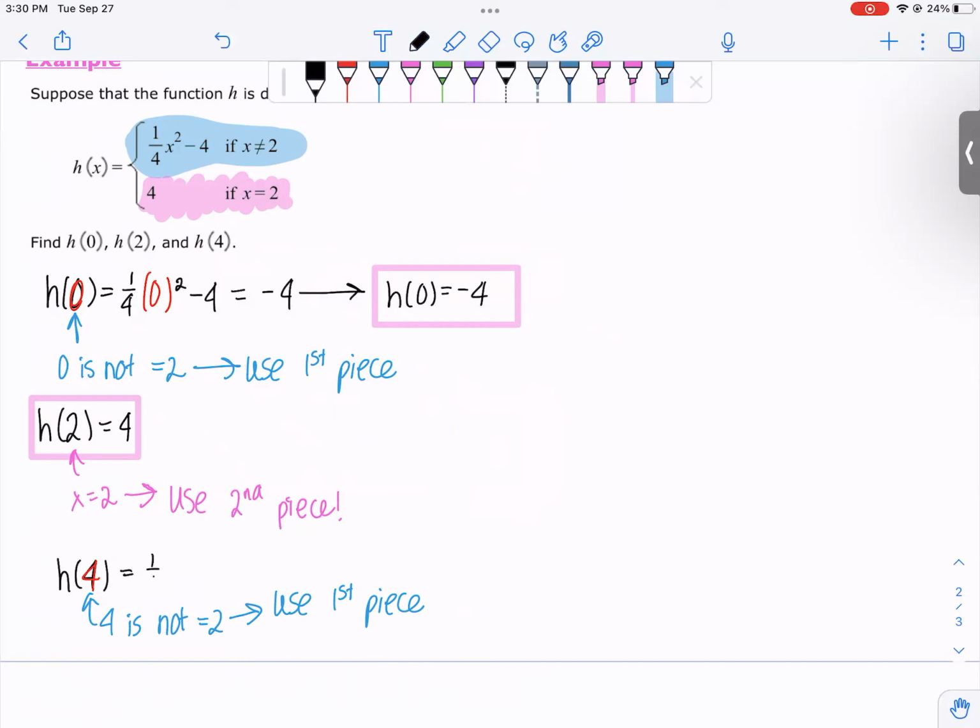So we have 1/4 times 4 squared minus 4. That's going to turn into 0 if you do the math on it. You're going to have 16 divided by 4, which is 4. 4 minus 4 is 0. So h of 4 is equal to 0.